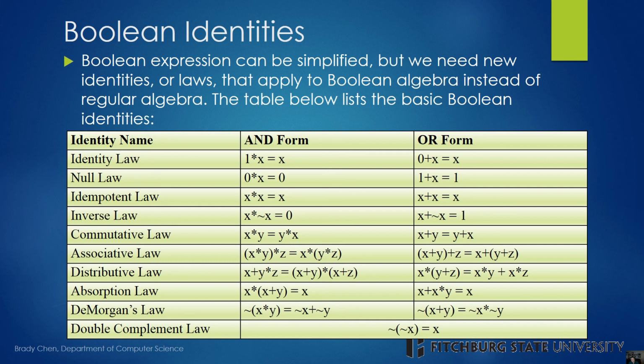In this slide, we were introducing the Boolean identities. Now, this identity can be used in Boolean algebra. In general, in mathematics, an identity is a statement which is true for all possible values of its variable or variables.